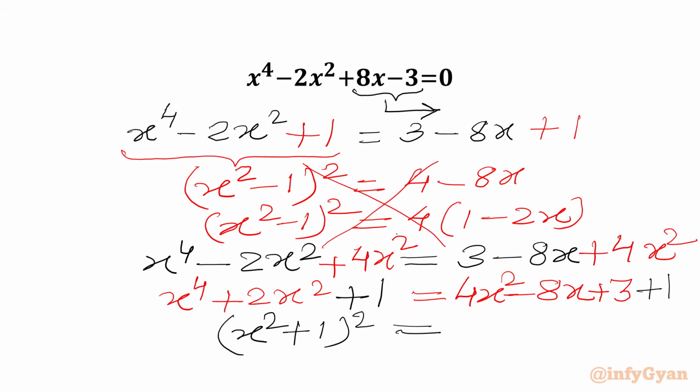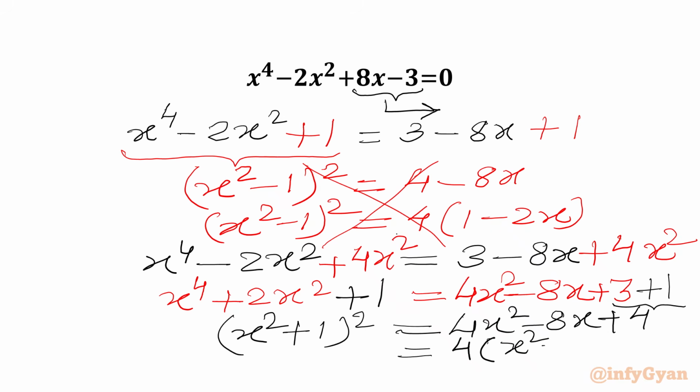We'll take 4 common, but 3 plus 1 is 4. Let me write 4x square minus 8x plus 4. 4 is common, so in the bracket there would be x square minus 2x plus 1. Now 4 is a square of 2 and x square minus 2x plus 1 is a square of x minus 1.